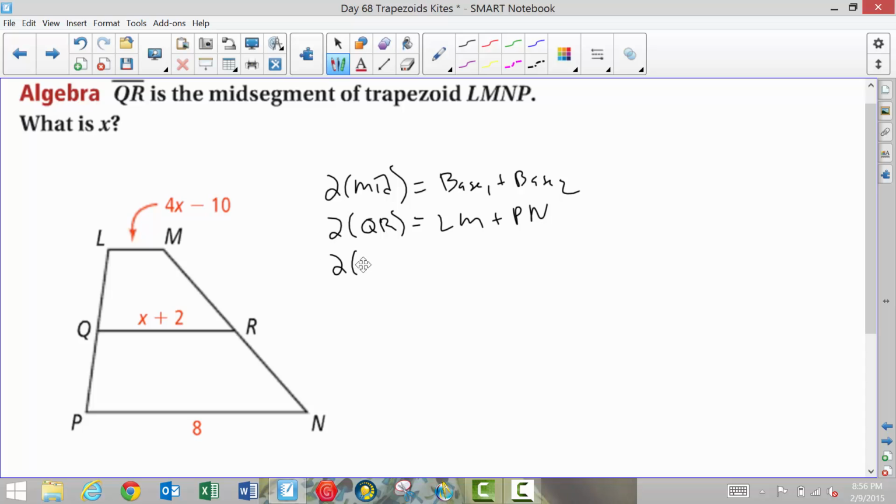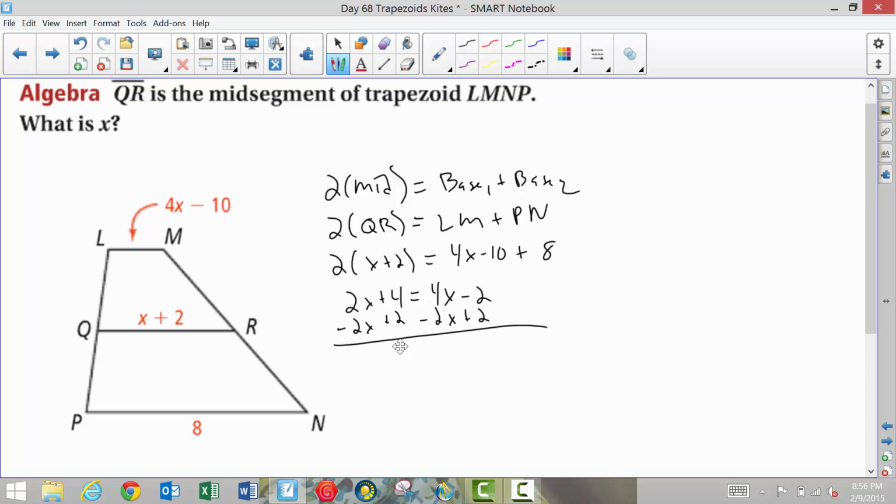So substitute in 2 times x plus 2 equals 4x minus 10 plus 8. Distribute 2x plus 4 equals 4x. Negative 10 plus 8 is minus 2. Solve. Minus 2x from both sides. Add 2 to both sides. You have 6 equals 2x, therefore x is equal to 3.